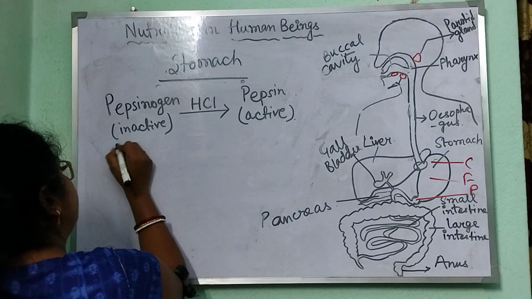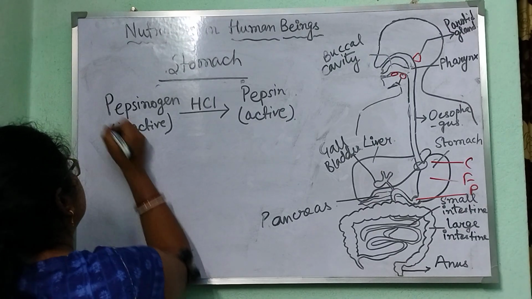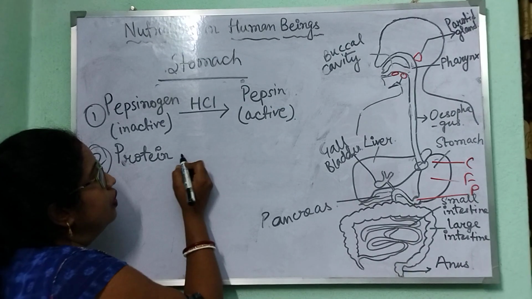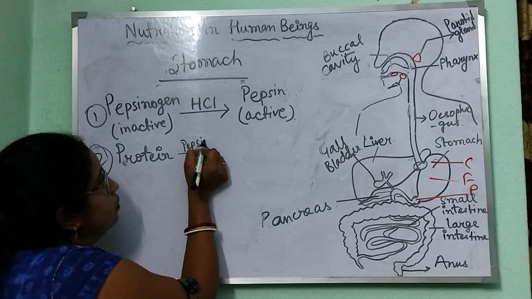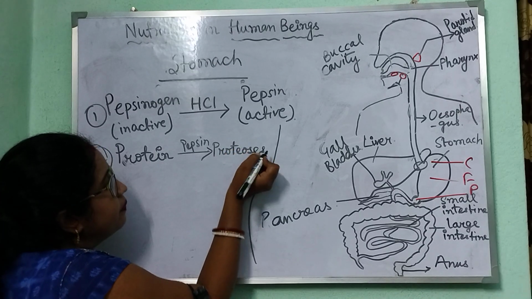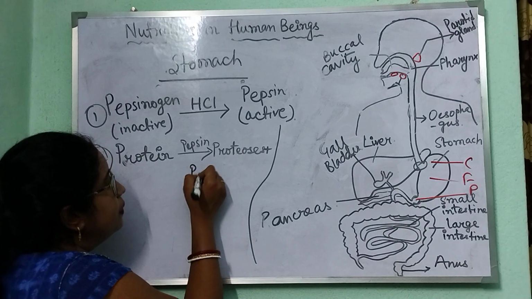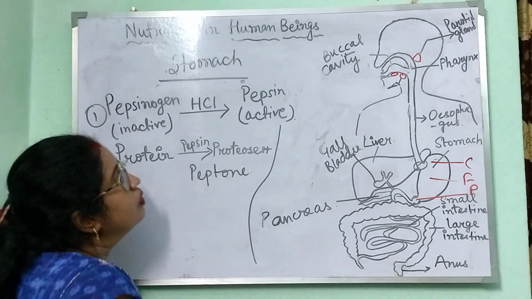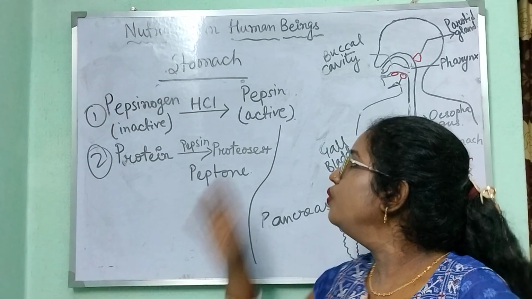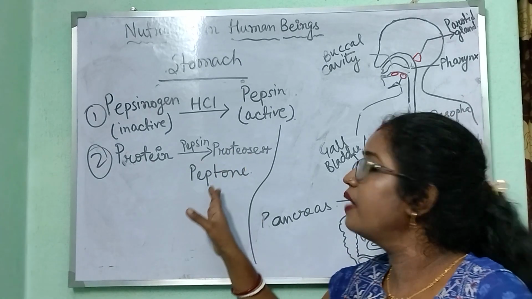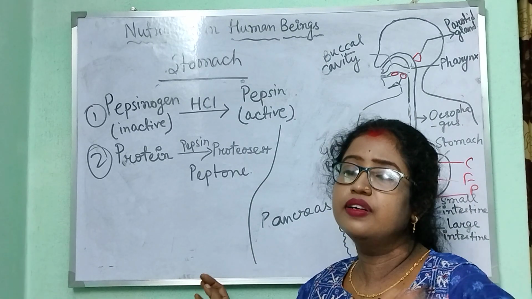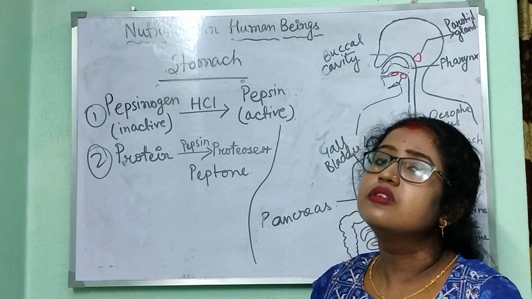So the active pepsin helps to break down the protein material into proteases plus peptone, and this protease and peptone then enter into the small intestine area, where the last process of the protein digestion occurs.